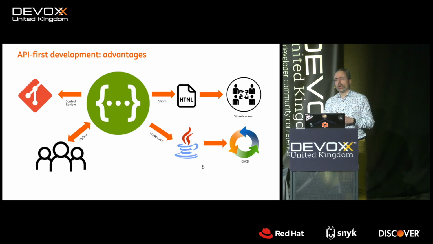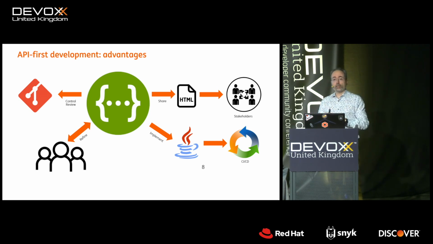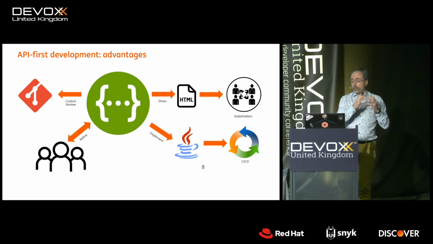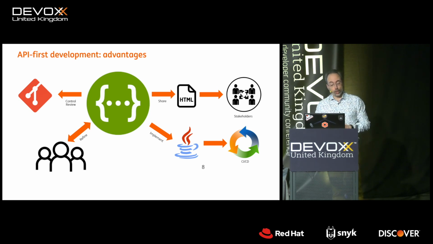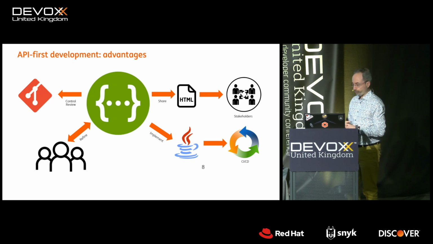And then, of course, code generation itself, which gives you a runnable artifact that flows through your continuous integration and continuous deployment pipelines.